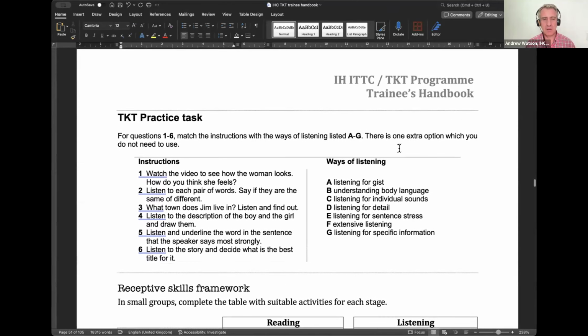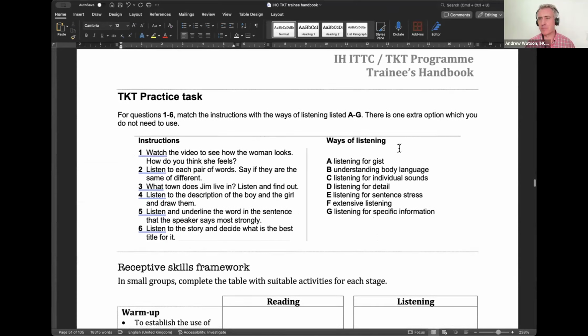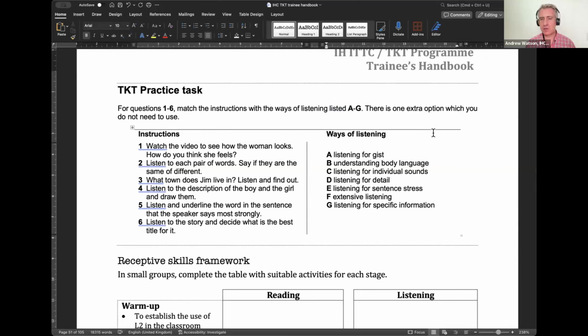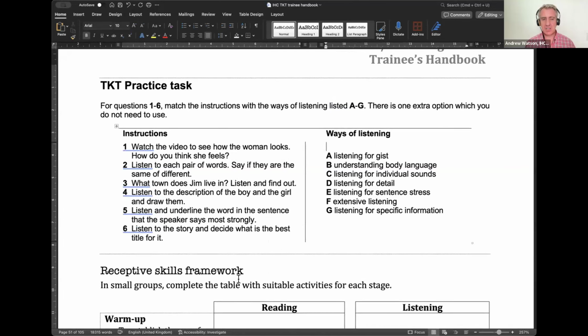Hope it does. Okay, let's finish this section on listening with the practice task from the TKT. I'd like you to match the instructions with the ways of listening A to G. There's one extra option which you do not need to use. There are 6 items.